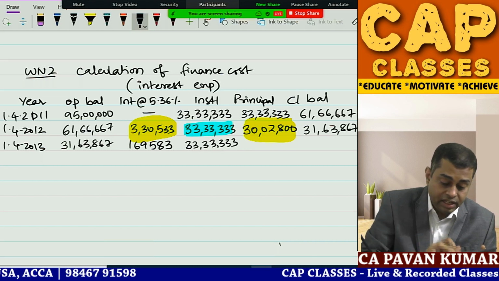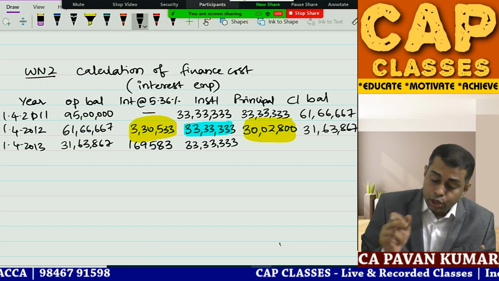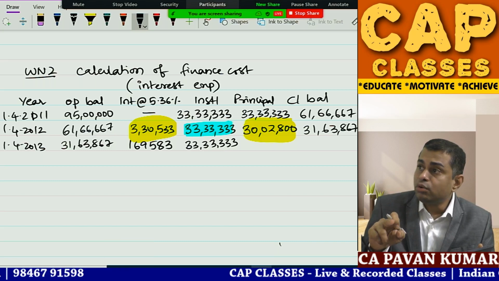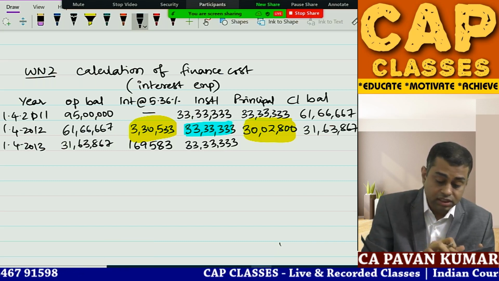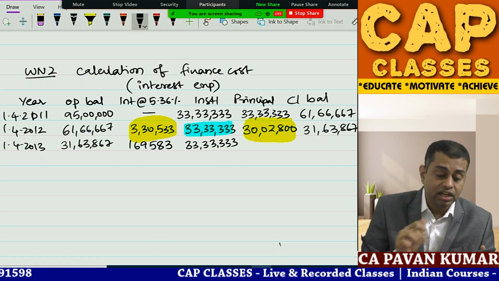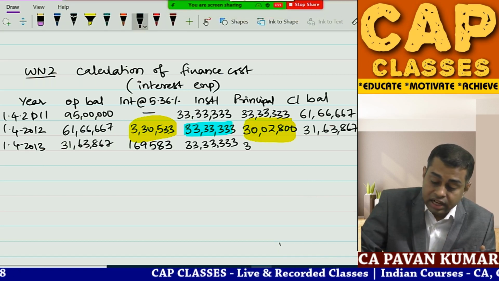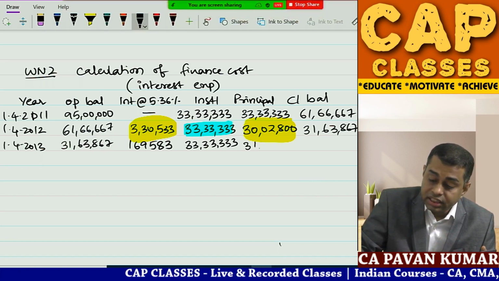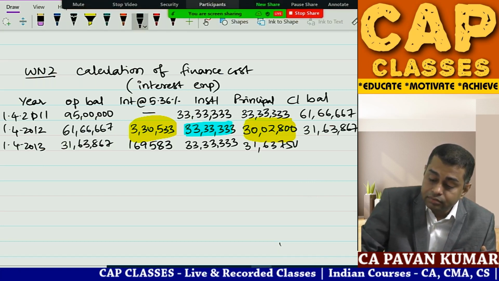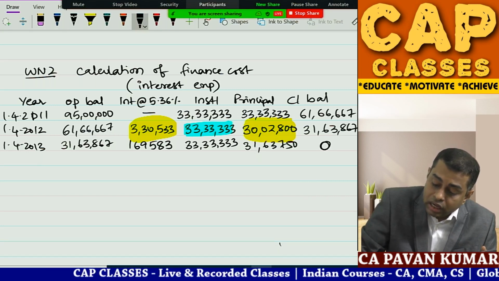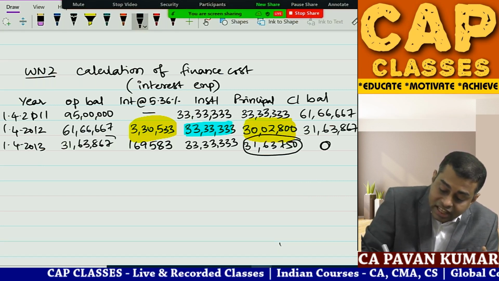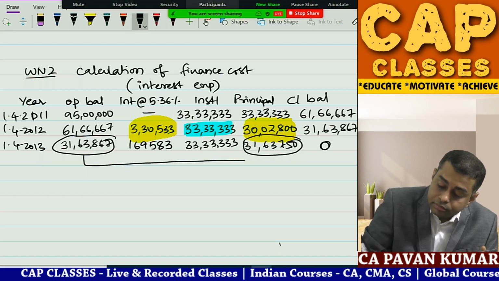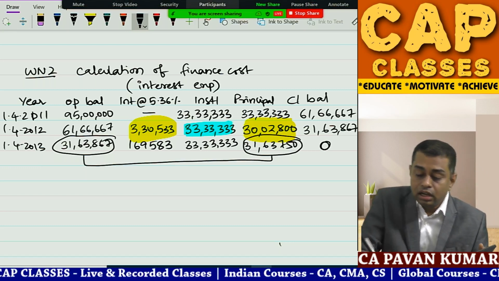Out of this, you have paid 1,69,583 towards interest. So what is the principal amount paid? 31,63,750. So the closing balance is 0. Now the difference between this and this is a rounding difference.